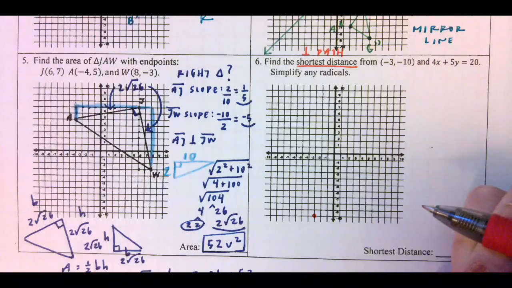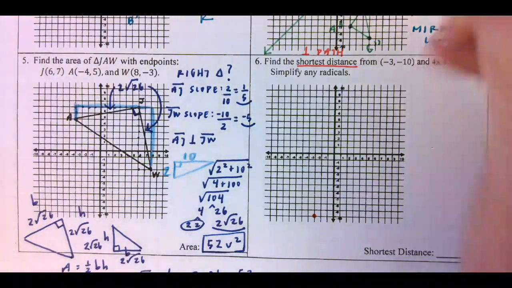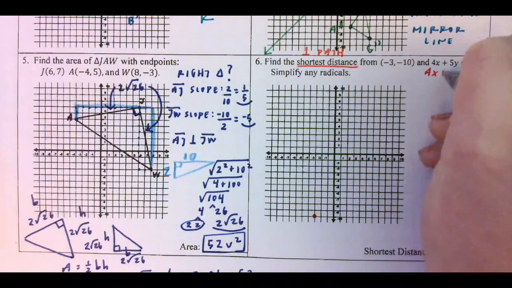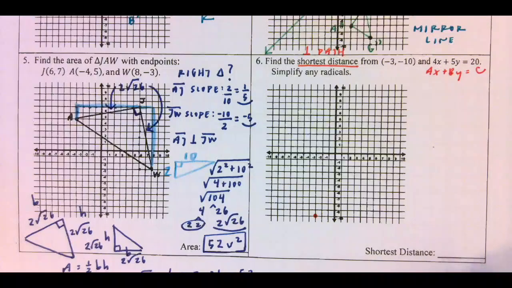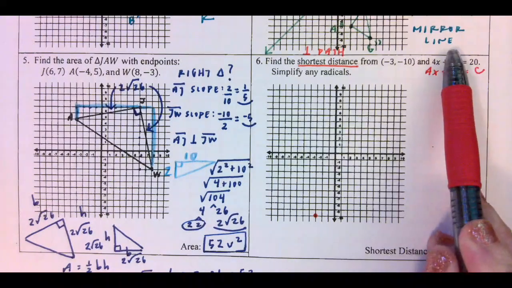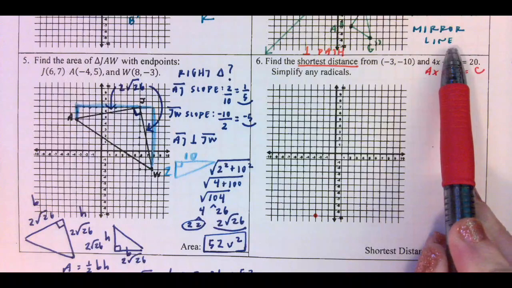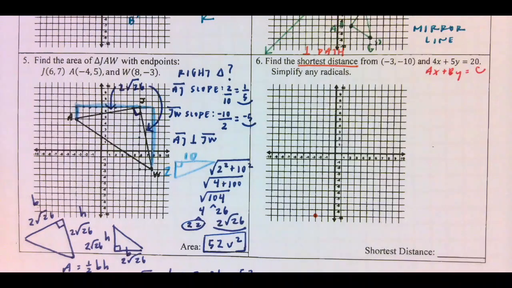Okay, and then I'm looking at the line. I see it in standard form, Ax + By = C. When I see it in standard form, I usually like to graph it using the intercepts. If I'm looking for my x-intercept, that's when y is 0. So if I plug in a 0 here, I'm really solving 4x is equal to 20, and when I divide by 4, I get that x is 5.